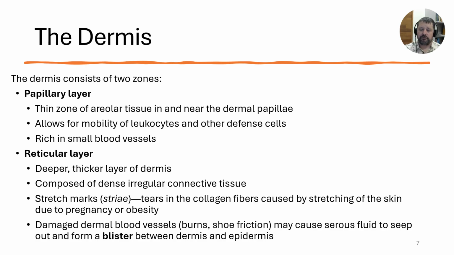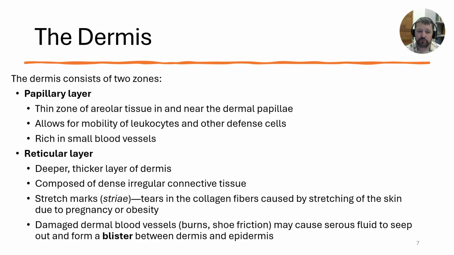The collagen fibers in the reticular layer tend to stretch, and then they tear. Then you get a different shade because your melanocytes and some of your other cells have been separated, and it shows that stretch or the striae.